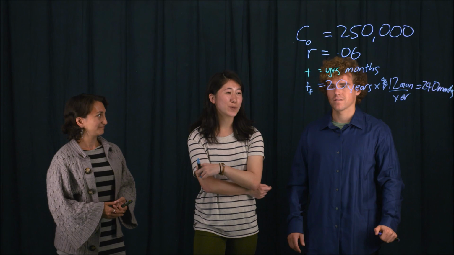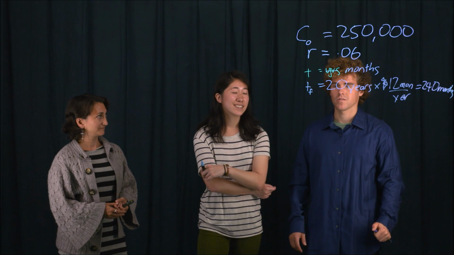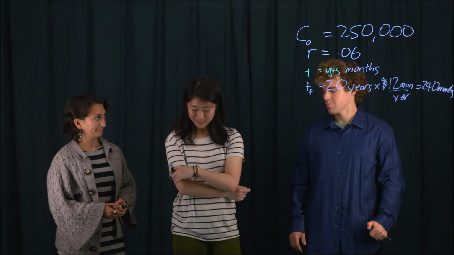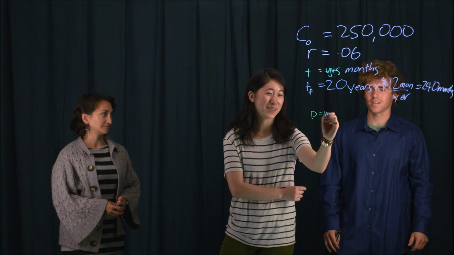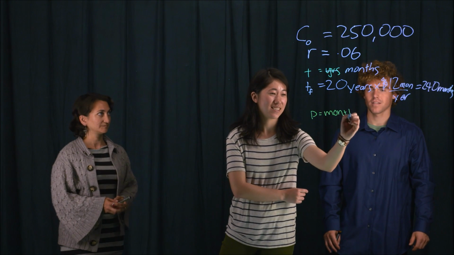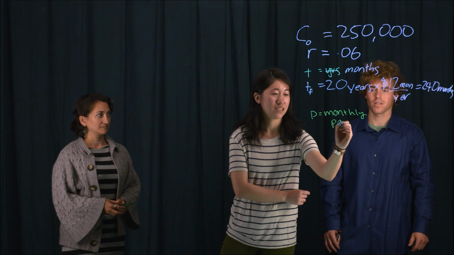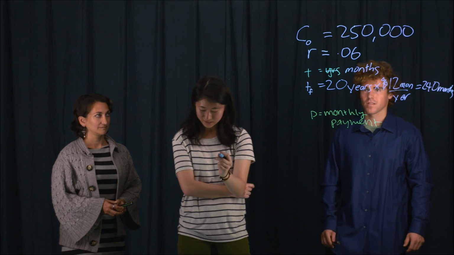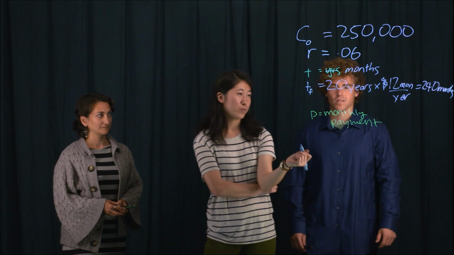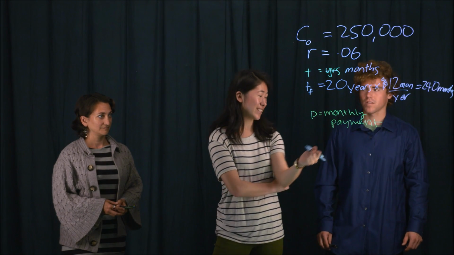We could just make it another variable P. We don't have it yet. So P is the monthly payment. And then that would just be P over T, right?